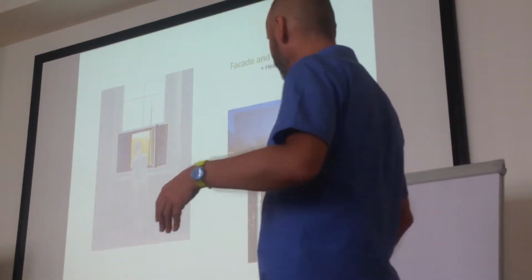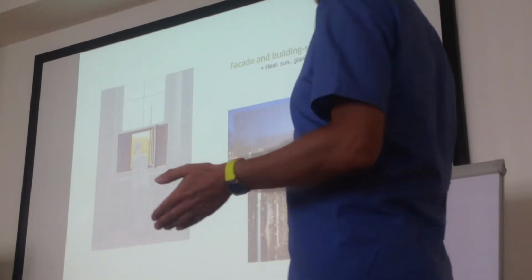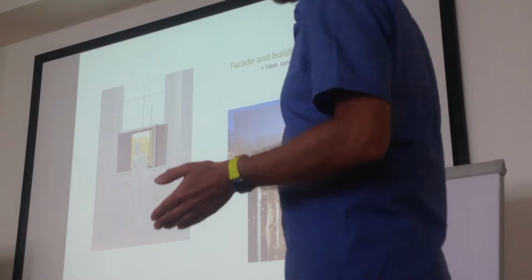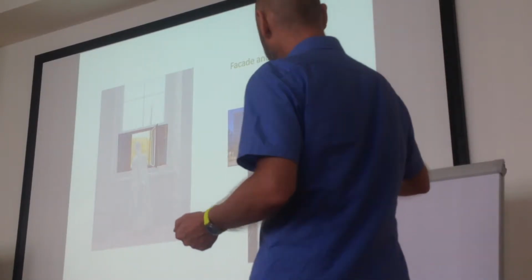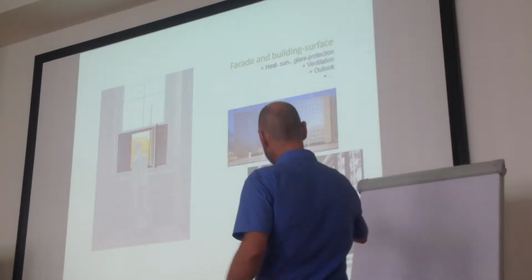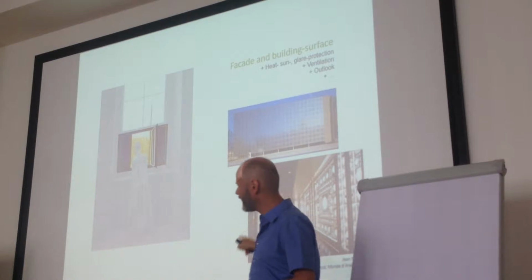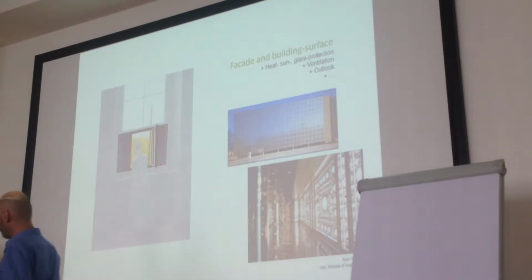The building itself is very, very elegant. What you see here is the southern facade, and you can see here from the inside a picture how Jean Nouvel brought in position his sun shading devices.